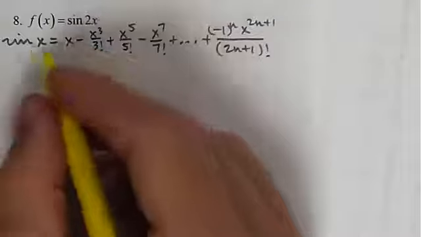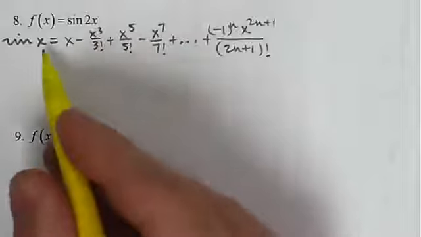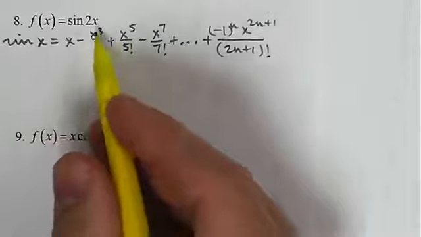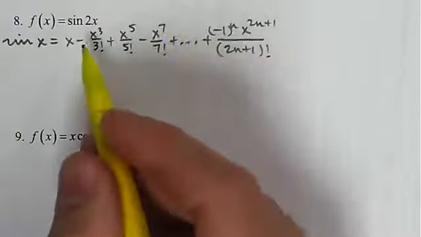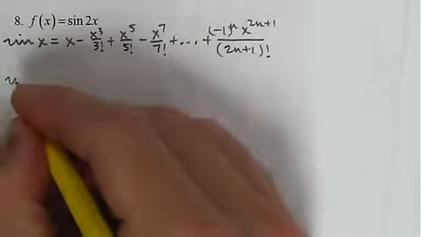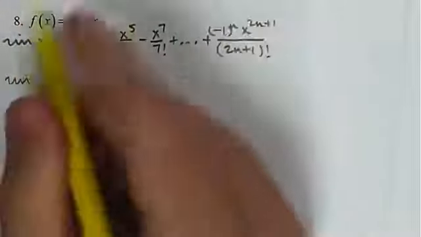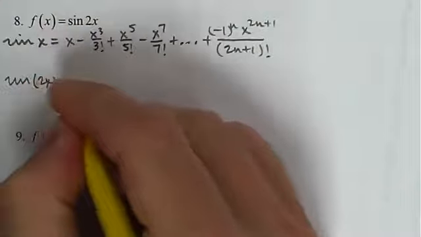And for sine of 2x, I'm just going to replace all these x's with 2x. And if you're like, couldn't I just use my eraser and clear out the x's and replace them with a 2x in parentheses? Yes, definitely you can do that. I think that's a very valid strategy. I'm just doing this to be most clear. So for sine of 2x, I'm going to replace x with 2x.